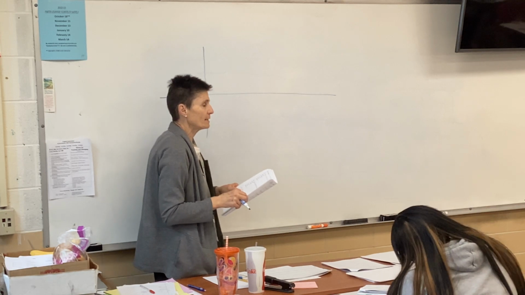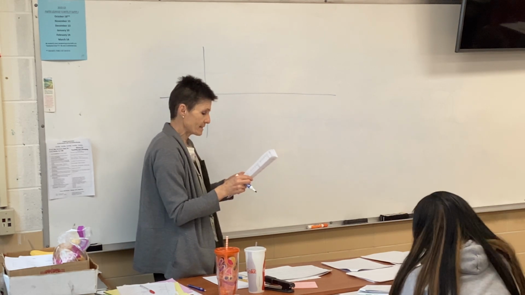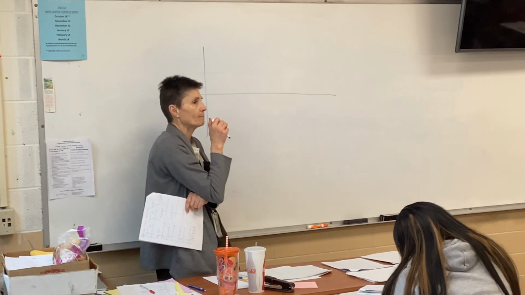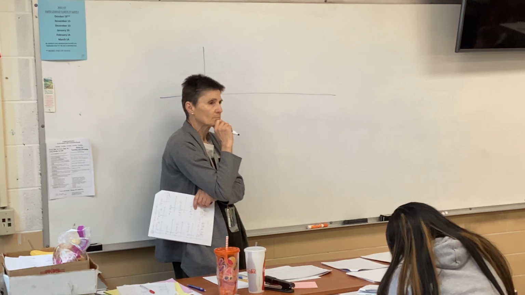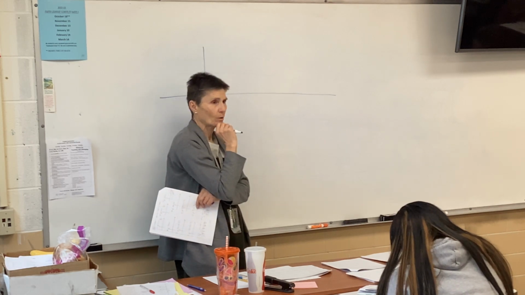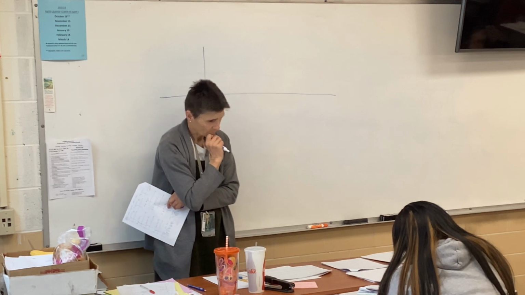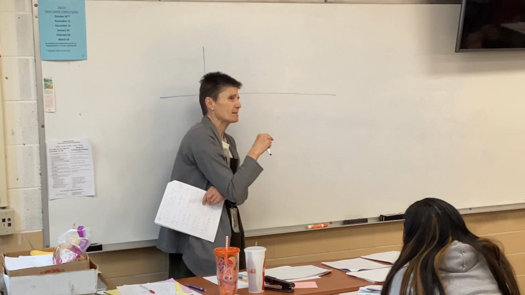So can anybody tell me what decimal 36 minutes would be? What decimal part of an hour? Can you figure that out? 36 over 60. Yeah, so what is that? 36 over 60?